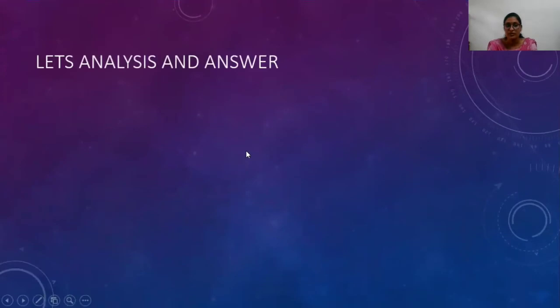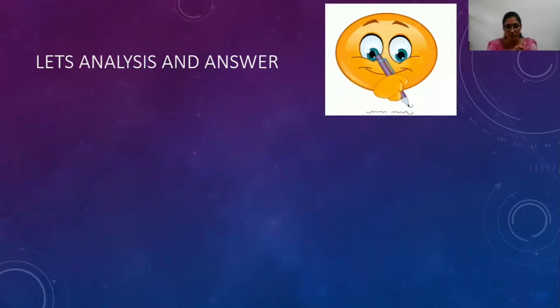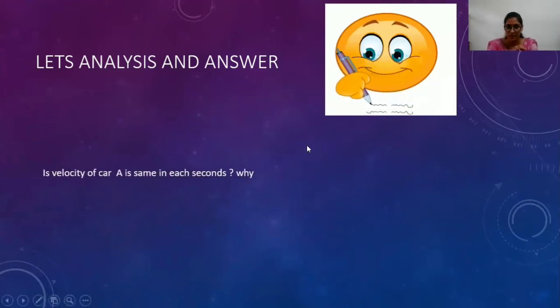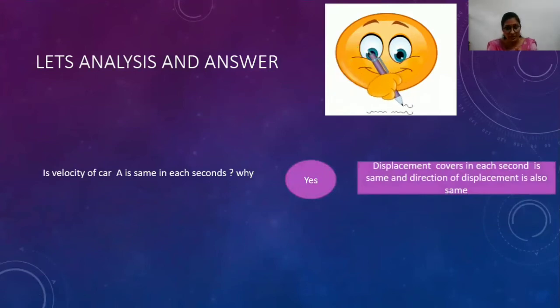So, we have seen all three examples. Let's analyze this and answer the following questions. Is the velocity of car A the same in each second? Why? Yes, because the displacement covered in each second is the same and the direction of displacement is also the same.